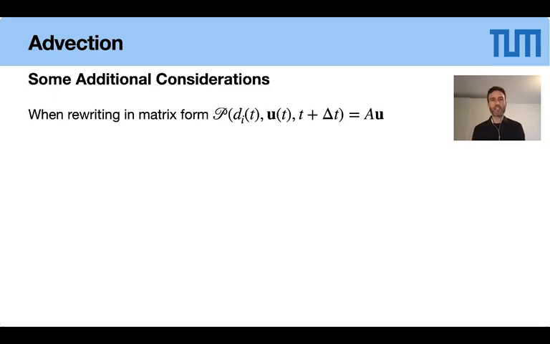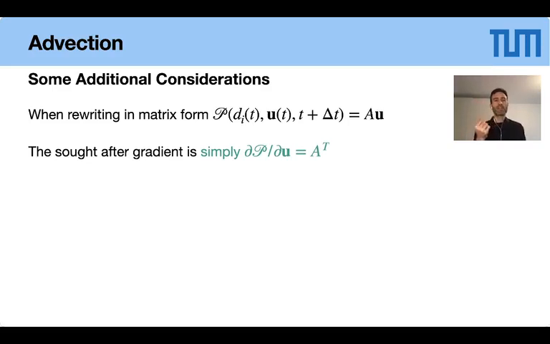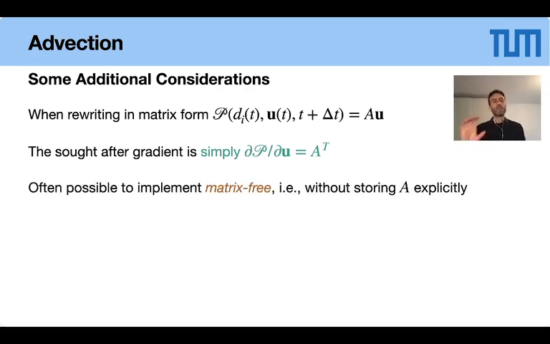So here, for simplicity, just call it A. Now, if we imagine we're basically writing out what the advection operator encodes in this A, then the derivative we're after here for u is basically just A transpose. So the transpose of that matrix that gives us the update here, that is what we're looking for.